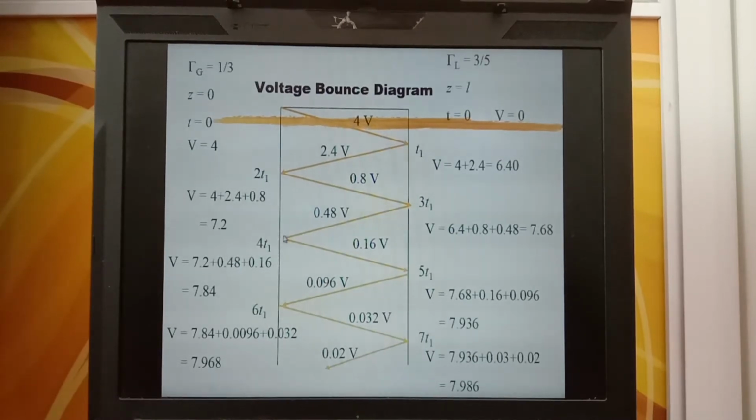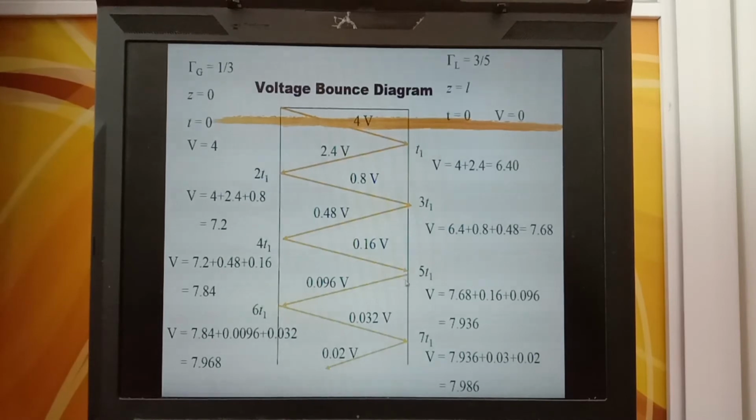The total voltage at the source end will be given by the earlier voltage of 7.2 volt plus the voltage of the incoming wave, which is 0.48 volt, and the voltage that is reflected back towards the load of 0.16 volt. That gives us a voltage of 7.84 volt.